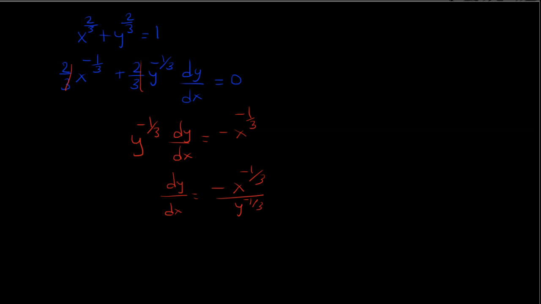And because I don't like the negative exponents, all it does is just move to the bottom or to the top. So the x to the negative 1/3 is going to go to the bottom as a positive, and then y to the negative third is coming up the top as a positive exponent. So something like that.